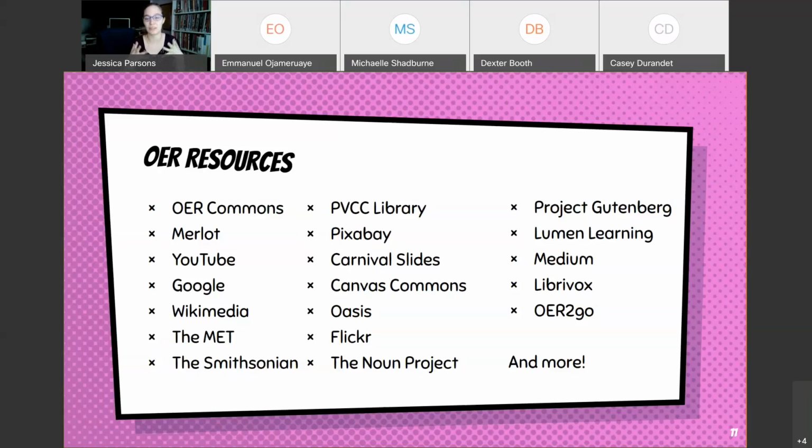It just provides some free public domain templates that you are able to use to spice things up and make sure that you're not using the same slide deck over and over again, to give things a little variety every time that the students log in. Oasis and Flickr and the Noun Project are also great if you're looking for different pictures or graphics to be able to use in your materials.